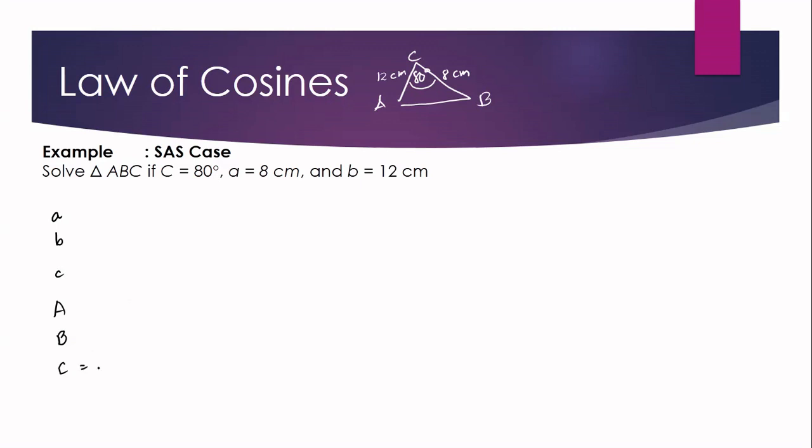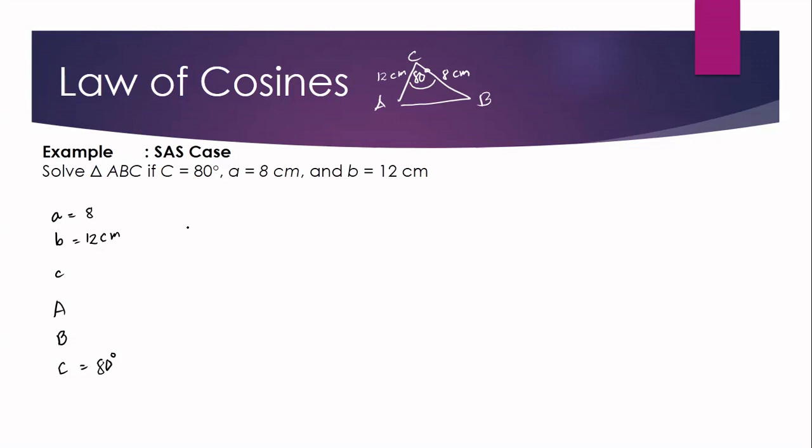We have angle C, which is 80 degrees, side A, which is 8 centimeters, and side B, which is 12 centimeters. So we only need to find three parts: side C, angle A, and angle B.